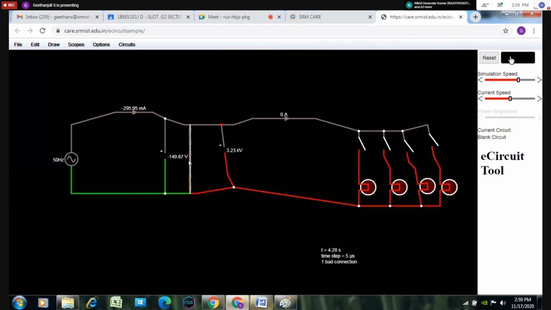Ma'am, when will you tell the CT1 results? See, already that is evaluated. I didn't turn on. That's all. I will show by this week, Thursday, Friday. I have to get the approval from the HOD. Then only I can upload it in the GCR.